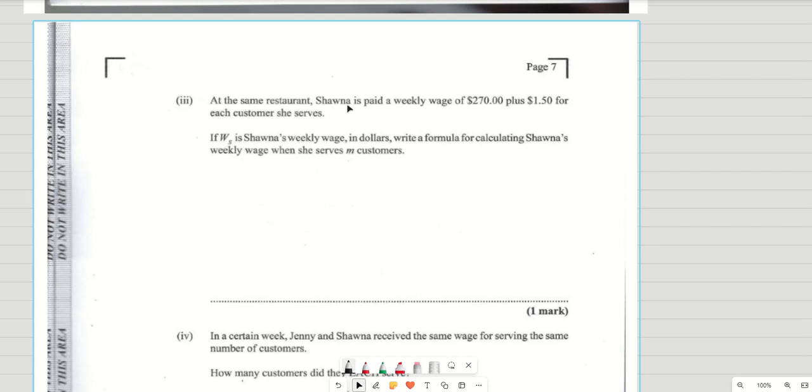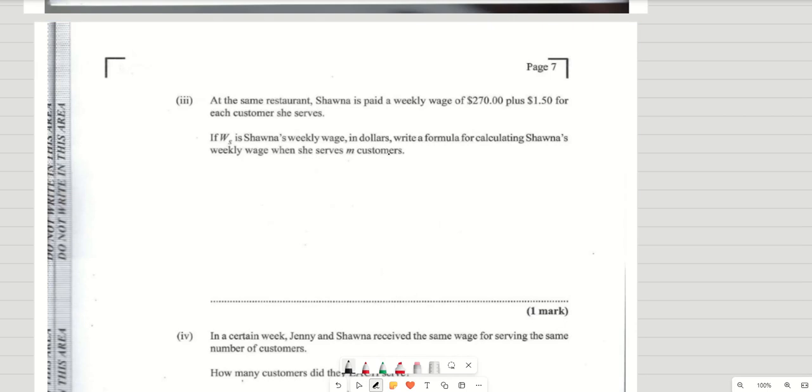At the same restaurant, Shona is paid a weekly wage of 270 plus $1.50 for each customer. If W_S is Shona's weekly wage in dollars, write a formula for calculating Shona's weekly wage when she serves M customers.